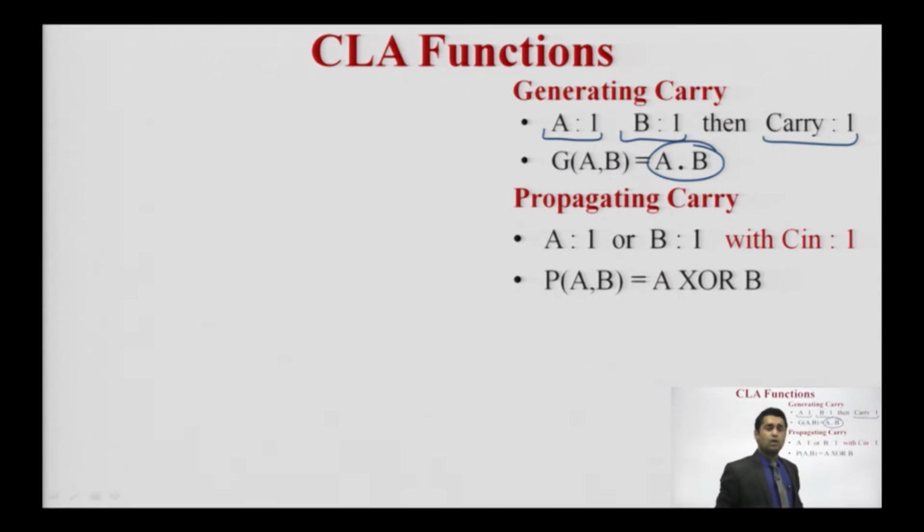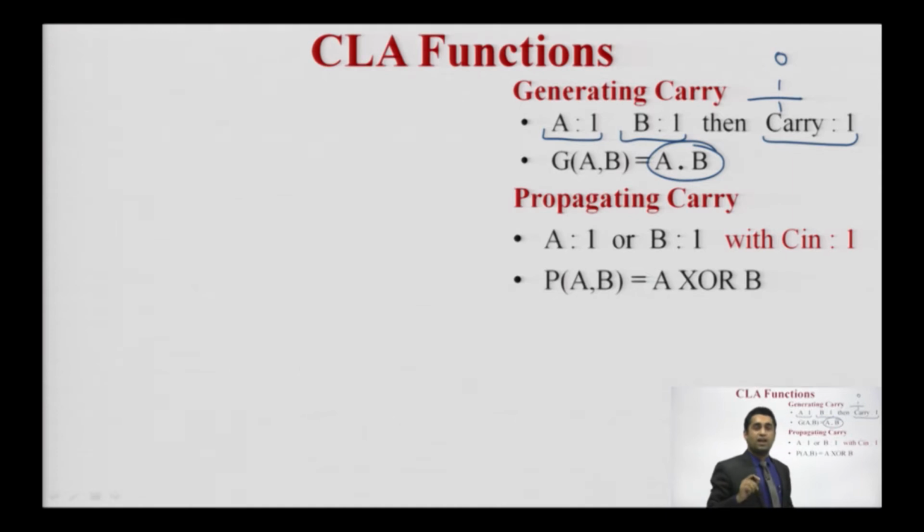And when we are talking about the propagation of the carry, what does it mean? Propagation means I already have a carry. Take an example, if I have a number 0 and I am using 1. This is not generating any carry because 0 1 results in 1 which goes in the sum part, not a carry. Carry is 0.